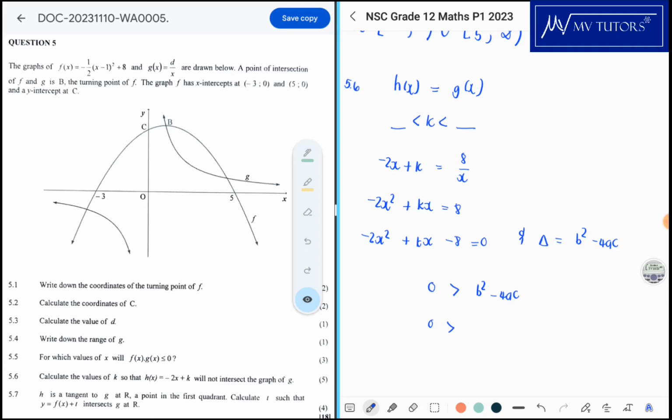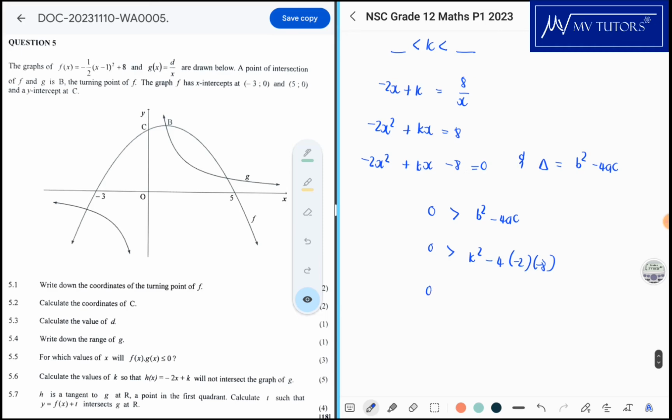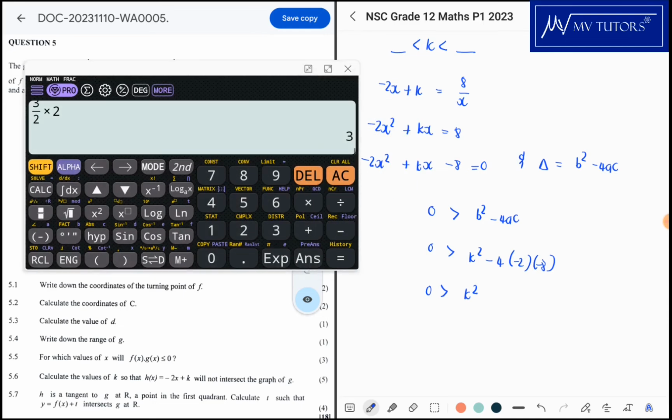So you have k squared minus 4, a is negative 2, and c is negative 8. So let's just work that out, and so that we can see what k values we can use there. So I have negative 4 times negative 2 times negative 8. And that gives me a value of negative 64.